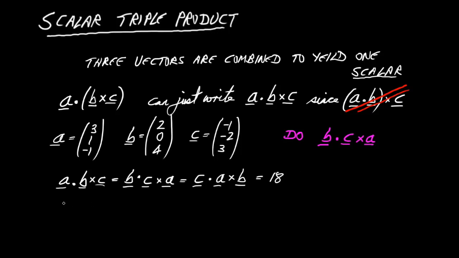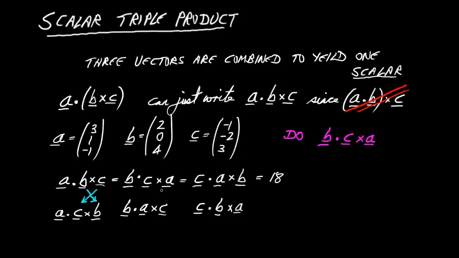There are 3 other combinations we could write down in principle. There are 3 other ways to combine A, B, and C. We could have A dot C cross B, or we could have B dot A cross C, or we could have C dot B cross A. Now it turns out that those things are easy to see what they will be, because let's just look at the difference from the ones above.